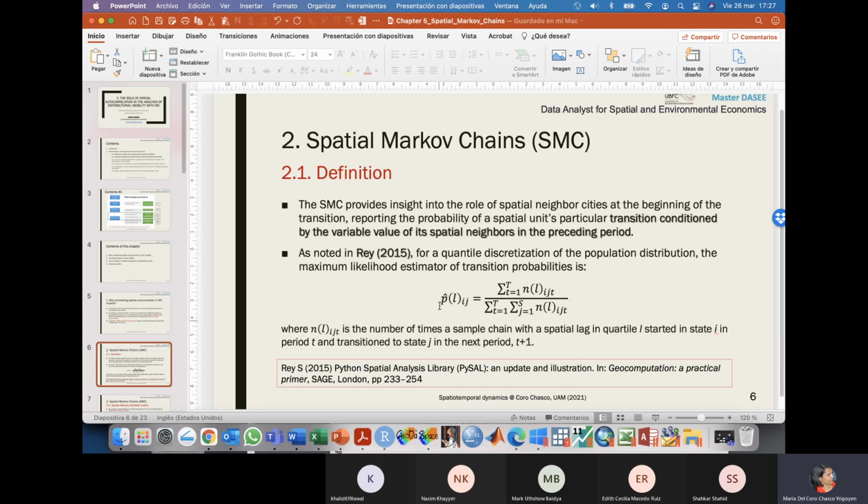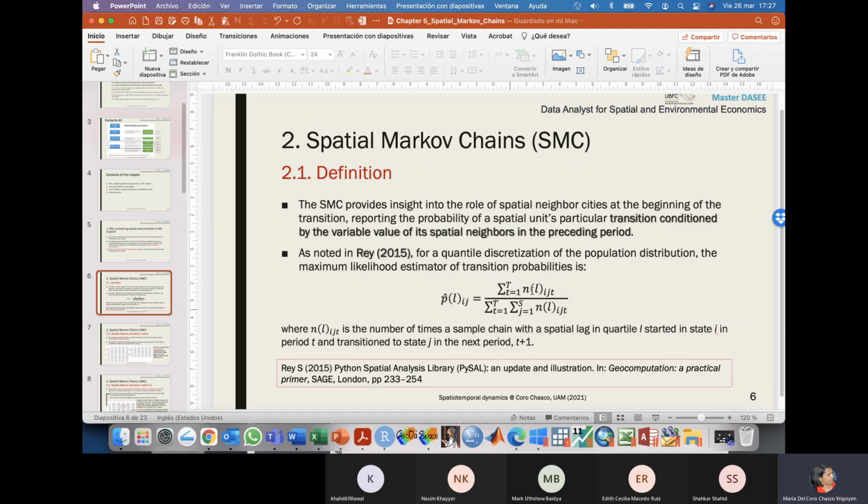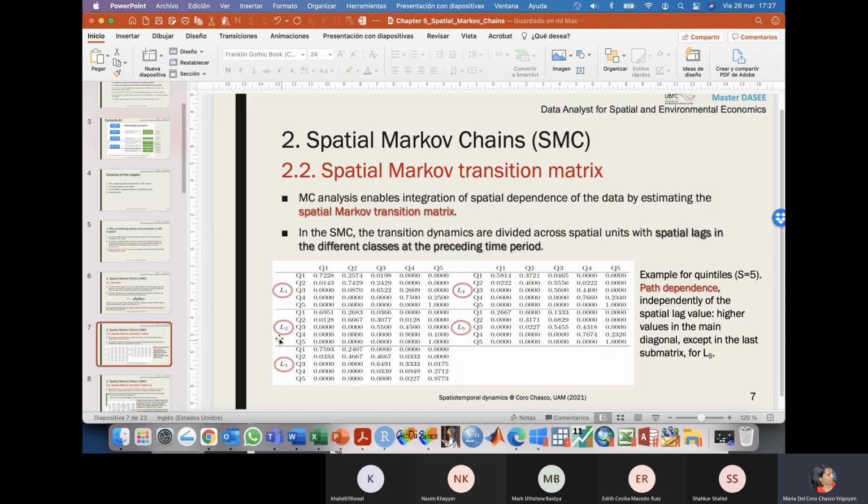But we are going to do that considering different spatial lags around each unit. So in the end, we will get as many Markov chains as classes of each unit's spatial neighbors. Okay, so we will see that, but this is this L. This L is connected with each of the L's here in capital letters. Well, they are the same. Okay.